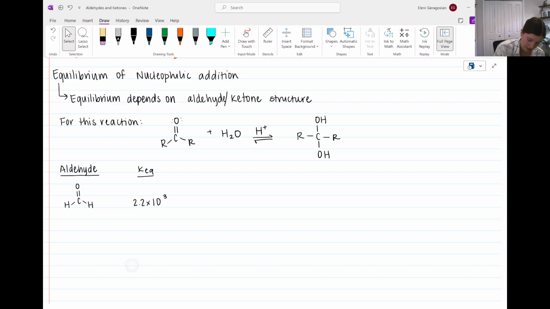If we have acetaldehyde, where one of the R groups is a CH3, but we still have an aldehyde, so we still have a hydrogen bonded to that carbonyl carbon, the KEQ here is 1.0. So a magnitude of 10 to the power of 2 change between the KEQ with formaldehyde, where we have 2 hydrogens, and acetaldehyde, where now we have a CH3 group bonded to that carbonyl carbon.